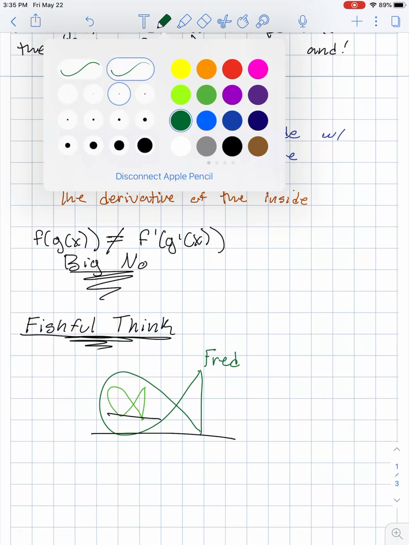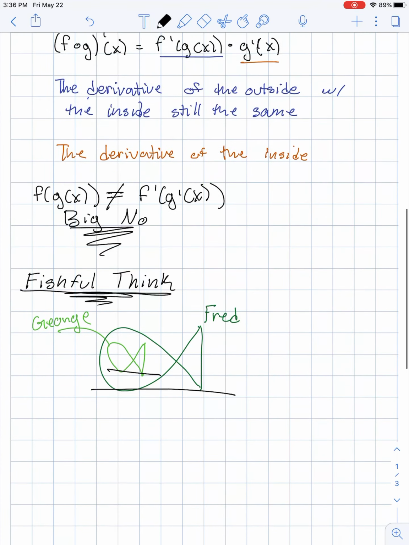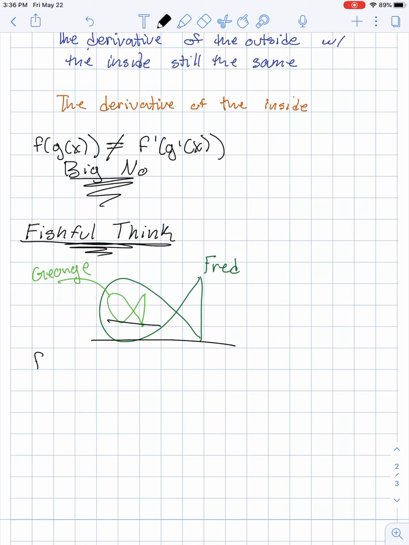So if we call this big fish Fred, and we call this little fish George, for F and G, then we have to first cut into Fred, but George is still in there hanging out. And then we can cut into George.